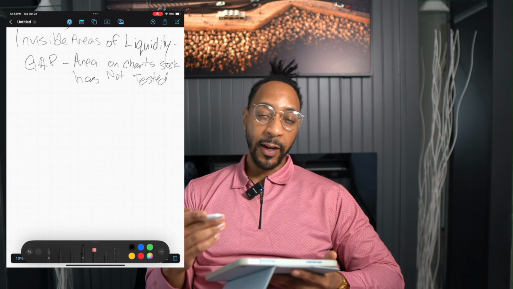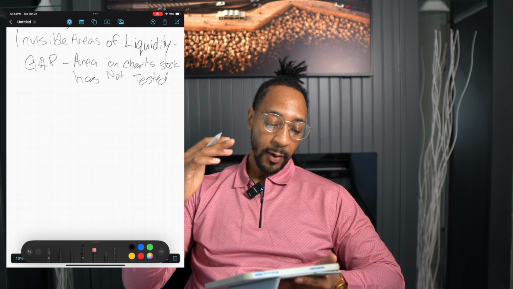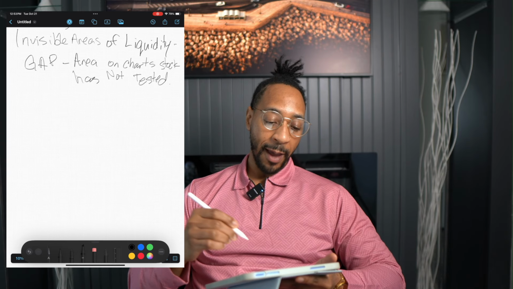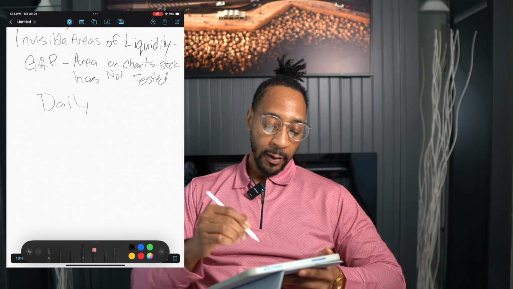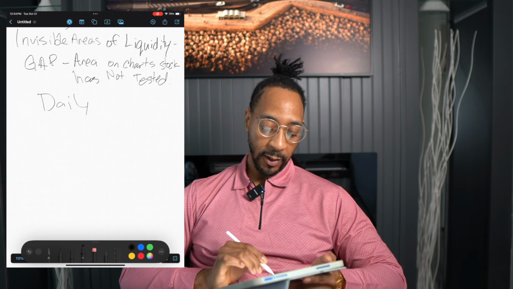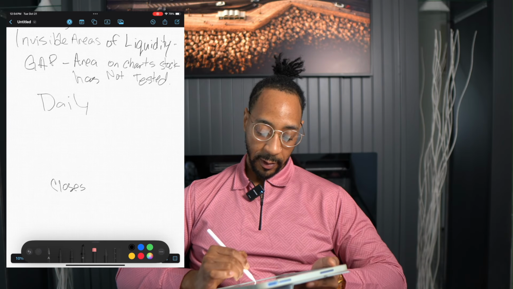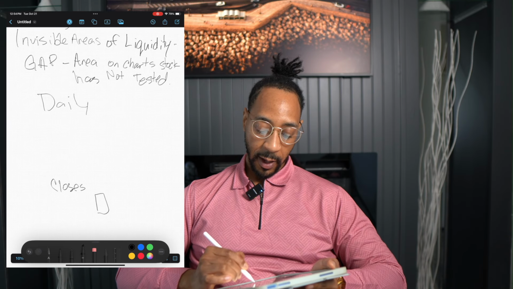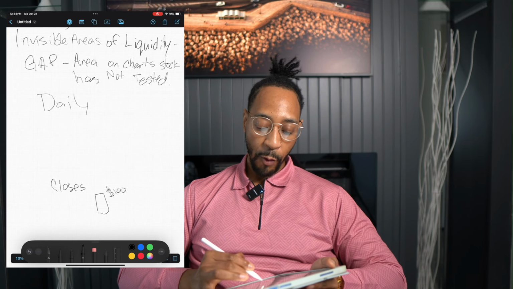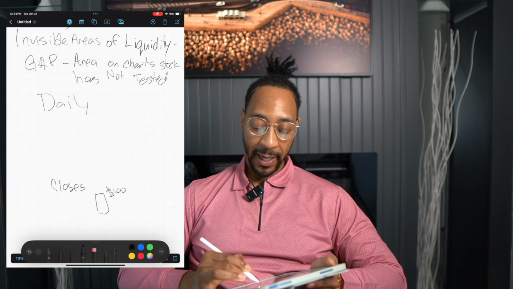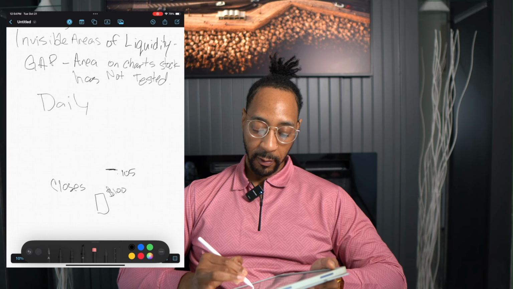Now, the other part on the charts where you could find these gaps is off the daily time frame, right? Daily. So let's say a stock closes at $100 and they open the next day at 105, right?